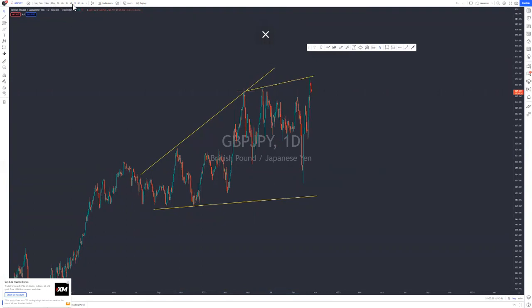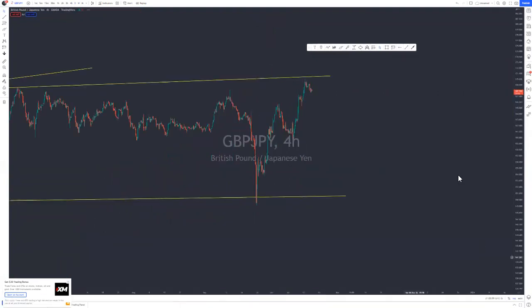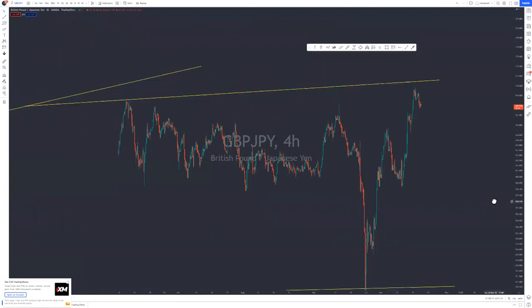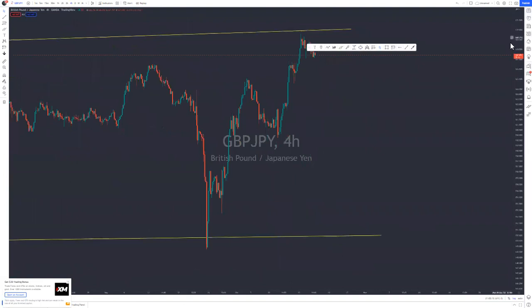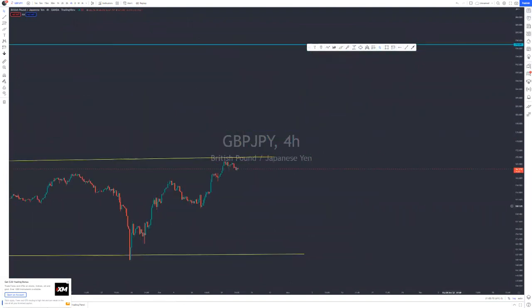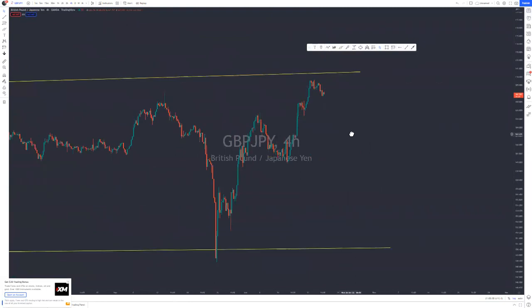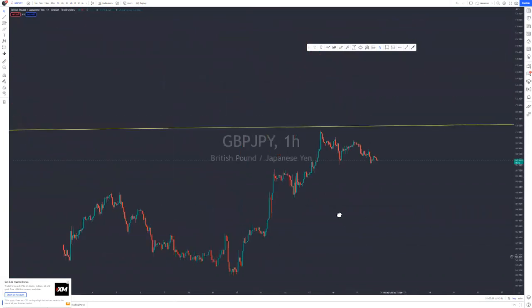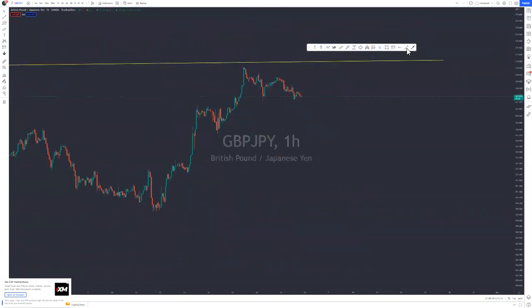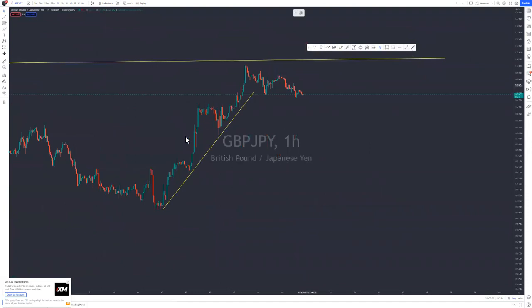So from the daily, we head into the 4-hour. This is the 4-hour, guys. There isn't much to be done. Then let's go to the 1-hour. On the 1-hour, you could see that there's a trend, and then we have a supported high.